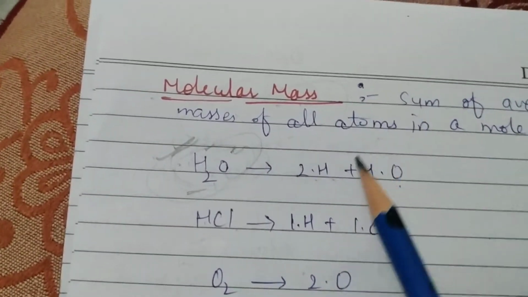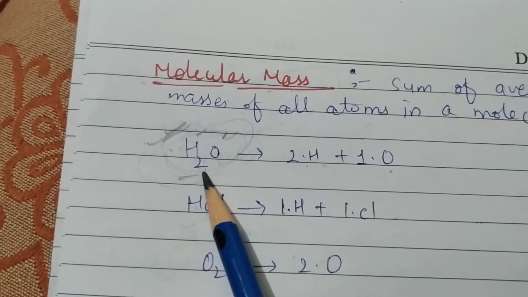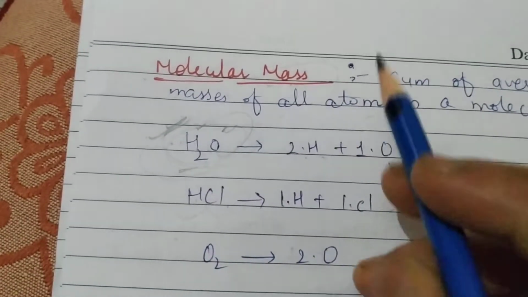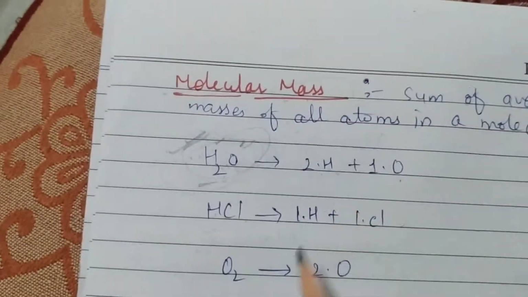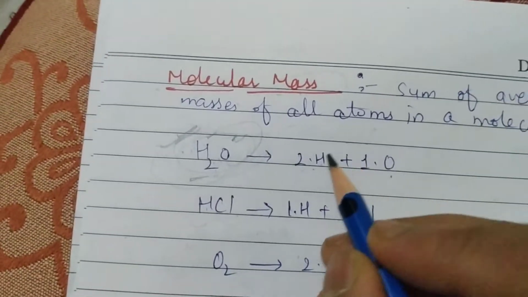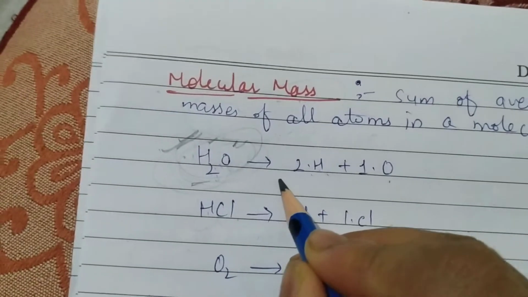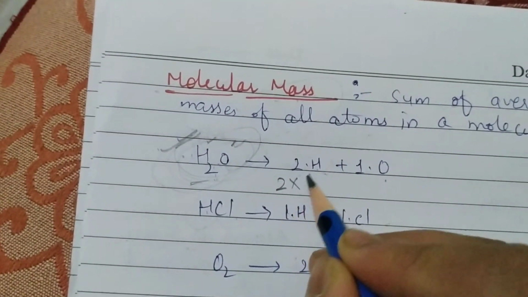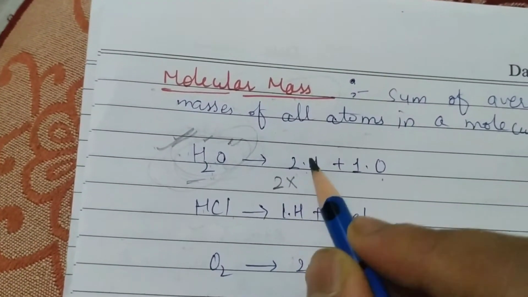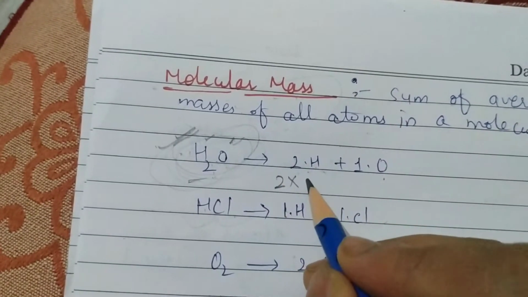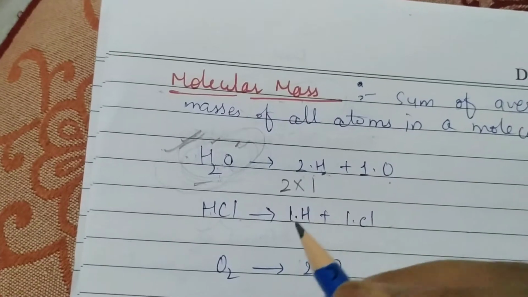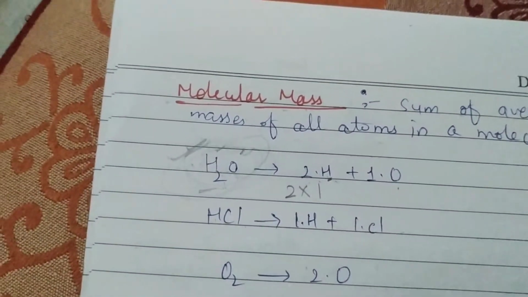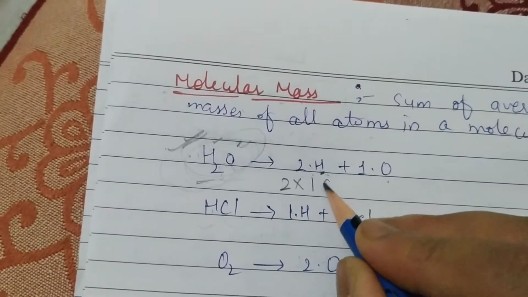So let us do this. H2O, here are two atoms of hydrogen, and we know that the mass of hydrogen is 1 AMU. So 2 multiplied by the mass of hydrogen atom, that is 1 AMU.